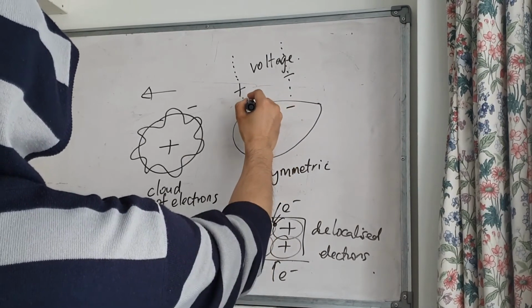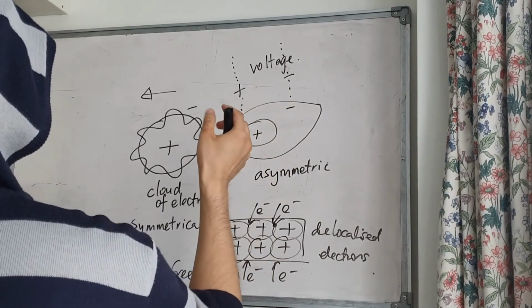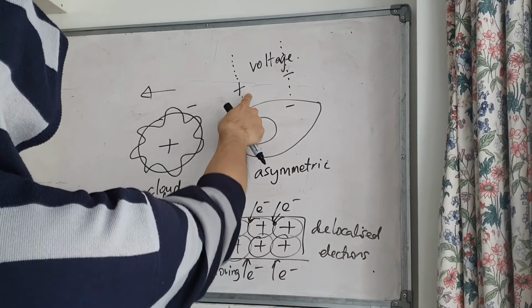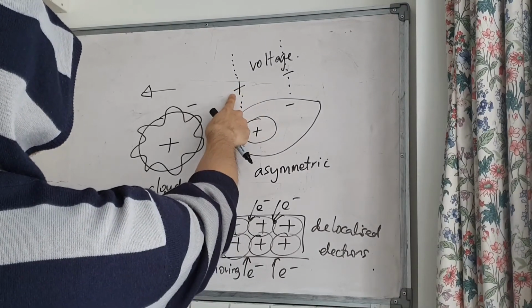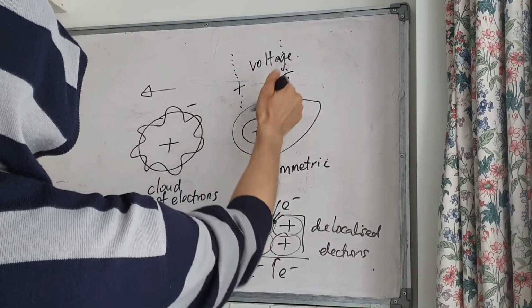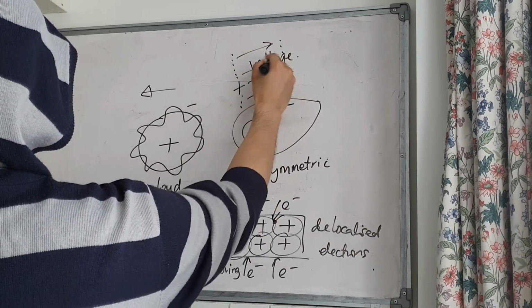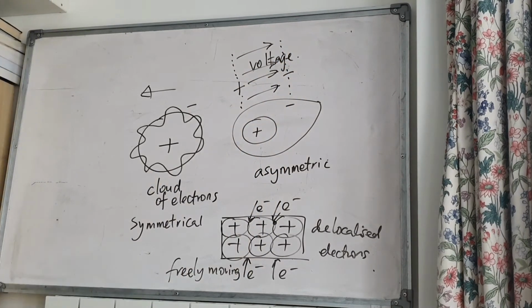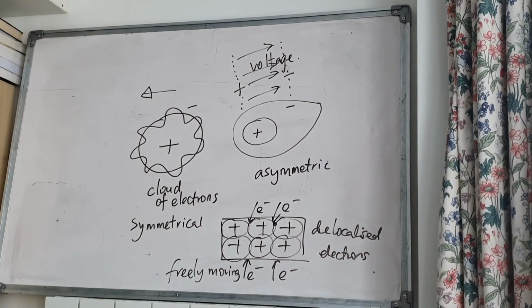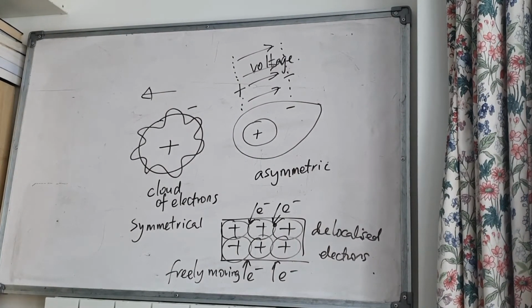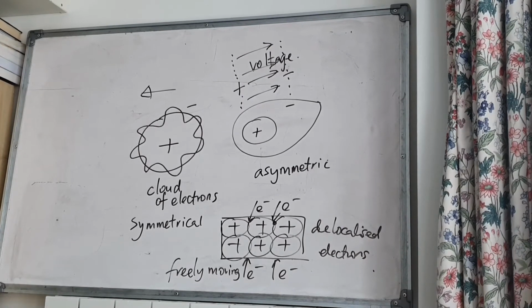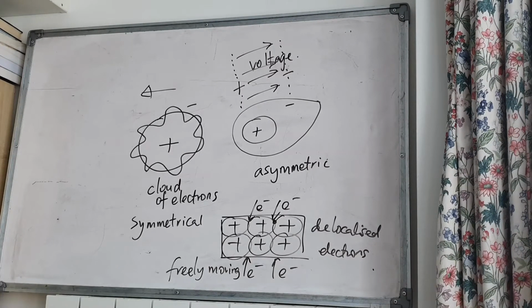Now if you imagine a positive test charge, where would it go? It would repel from the positive, attract to the negative. So the field would go in this direction. So if you have an asymmetric distribution of charge, you will have an electric field.